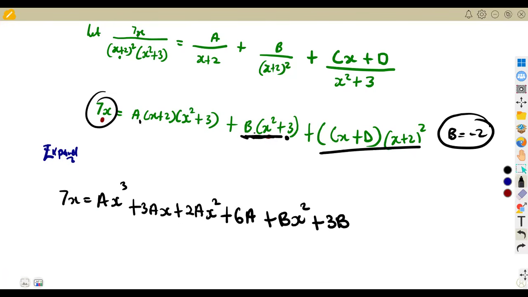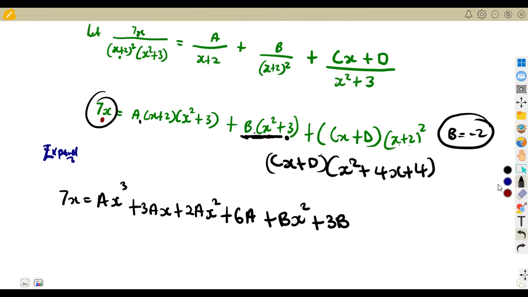We are supposed to expand this, but take note, before that, we are supposed to have this cx plus d like this into the bracket of c of this one, x plus 2 squared, which is going to give us x squared plus 4x plus 4, first and last being squared and the middle term 4x.